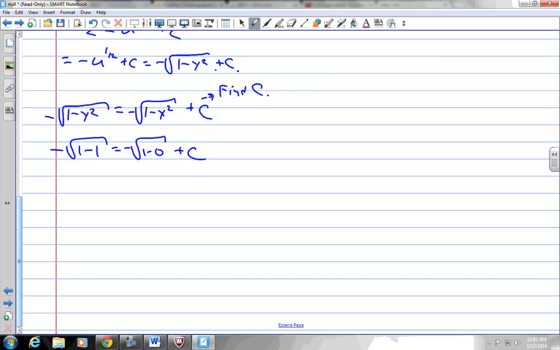So what do we end up with? 0 equals negative 1 plus c. So what is c? I can rewrite it like this: the square root of 1 minus x squared equals the square root of 1 minus y squared plus 1. So we don't have those negatives.